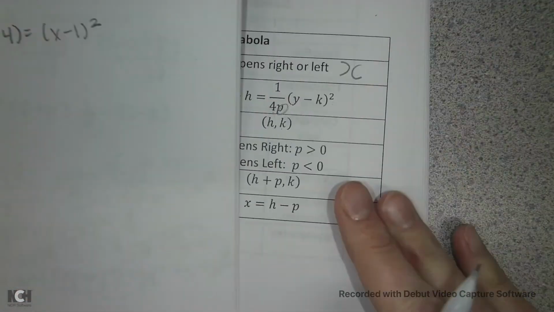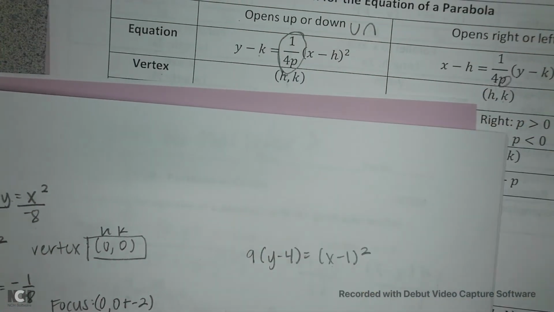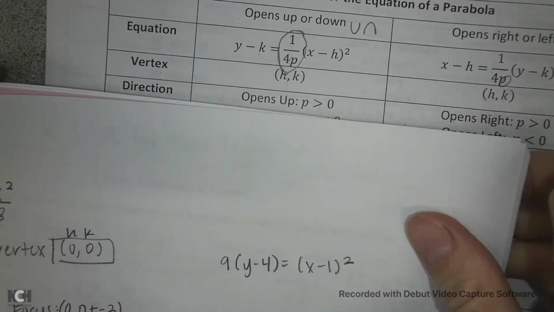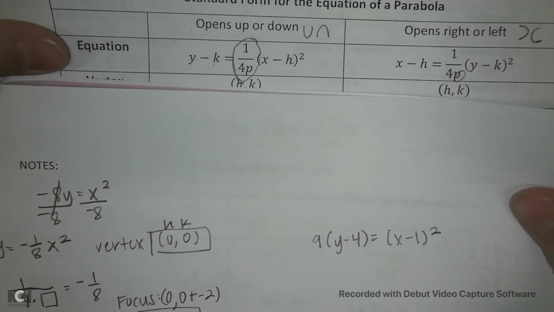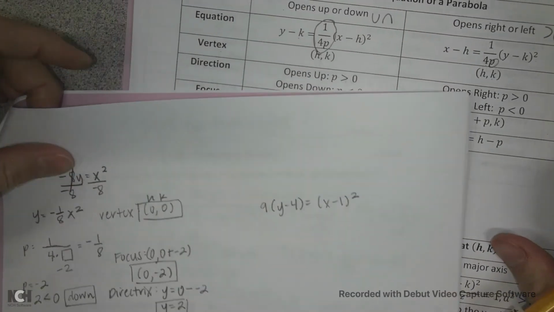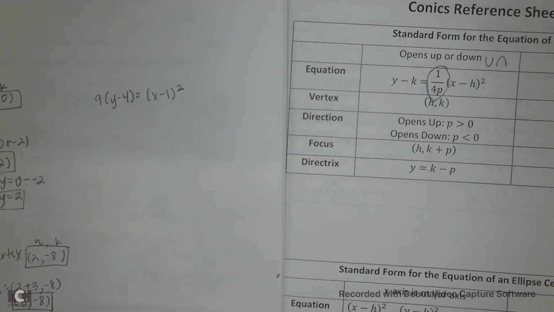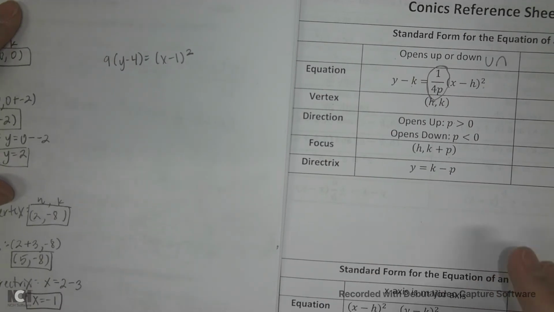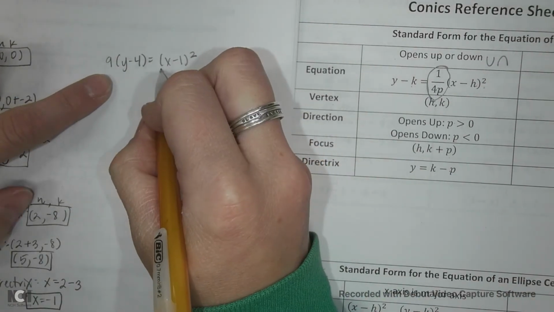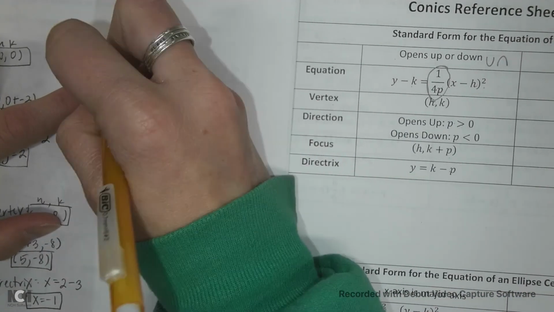My x is squared this time, so I'm going to be using the first side, the left-hand side. Here, I'll zoom out a little bit. There we go. Okay, I need to put my 9 over here by my squared because that's what my formula says. So we're going to divide each side by 9.